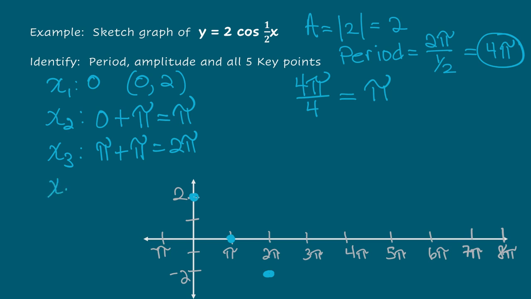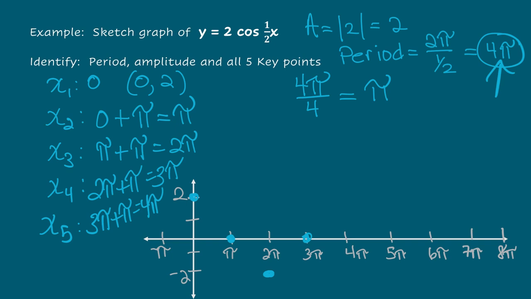The fourth point, I can see it on my graph, should be 3 pi. 2 pi plus that quarter period of pi is 3 pi. And the last one is 3 pi plus that quarter period of pi is 4 pi, which is right where I should end up because that is the end of my cycle. And I'm going to end up here, no higher than 2.